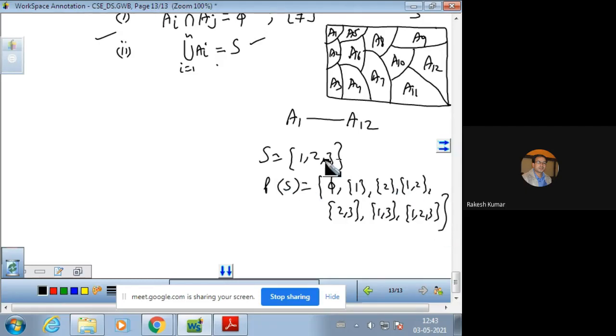So we have found out all the subsets of the set S और उसका पावर सेट बन गया और उनको नेमिंग कर सकते हैं A1, A2, A3 से लेकर के हमारे पास बनते हैं A7. This is singleton 3 also.